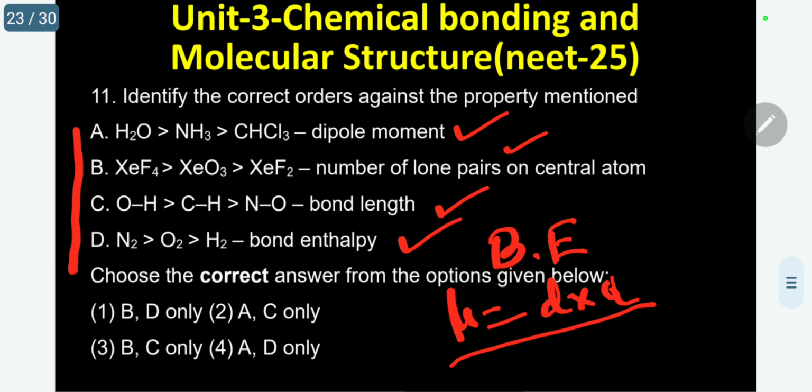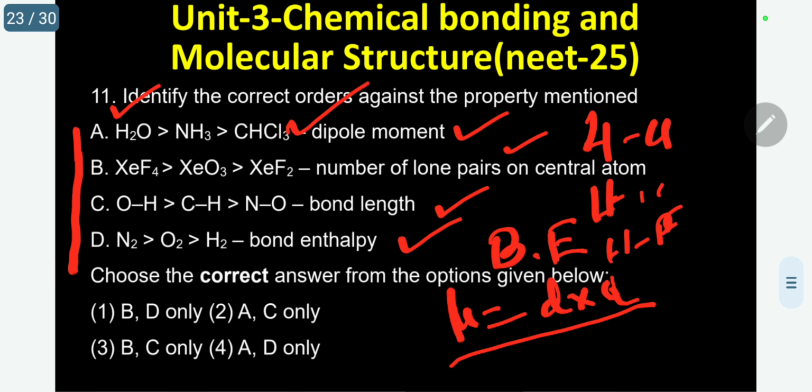When you go for heterodiatomic molecules, dipole moment varies: HCl, HBr, HF. So the idea here is based on dipole moment. Water has a very high dipole moment, approximately 1.8 to 2, then comes NH3. So A is correct.